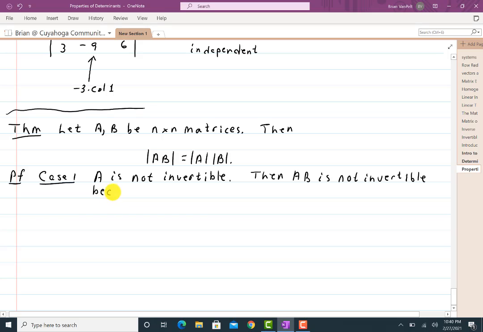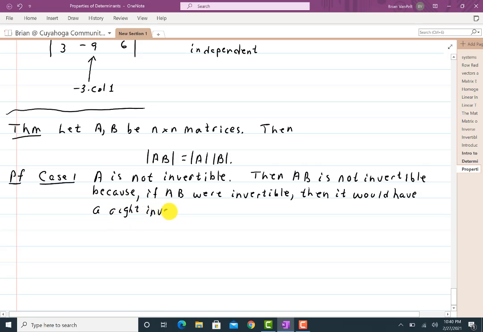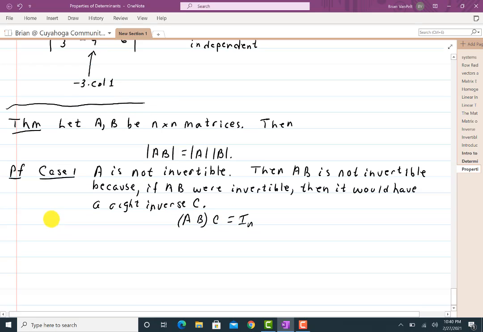Why? Because if AB were invertible, then it would have a right inverse C. So we'd have AB times C would be the identity matrix.